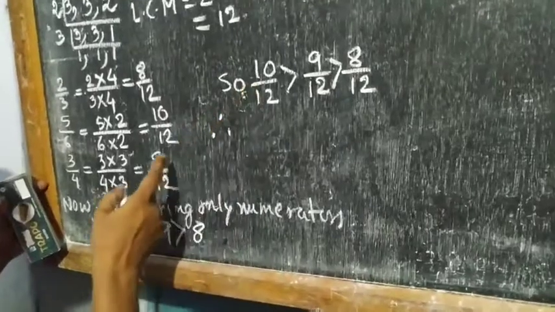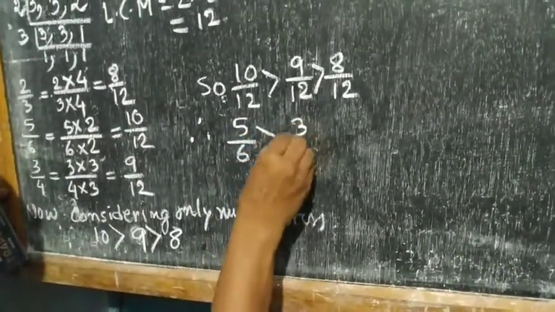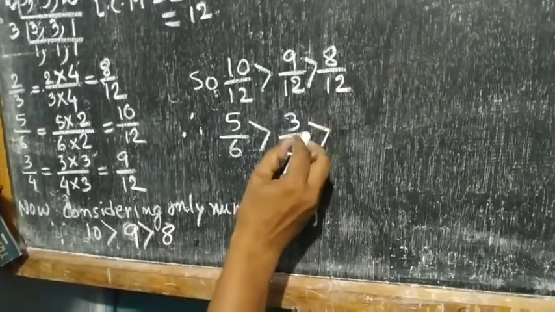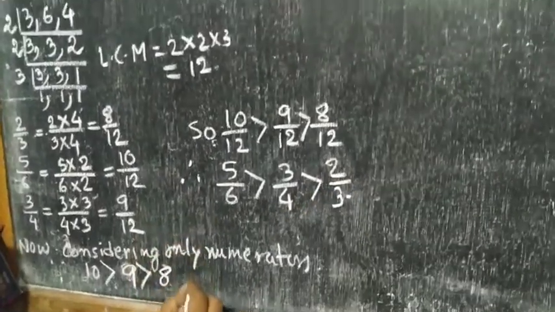Therefore, 10 by 12 means which number? 5 by 6 is greater than 3 by 4 is greater than 2 by 3.